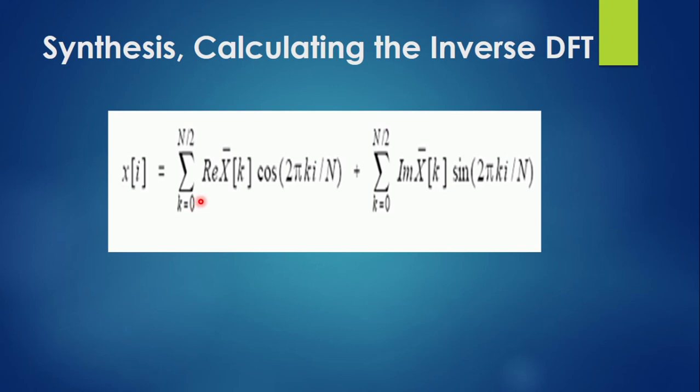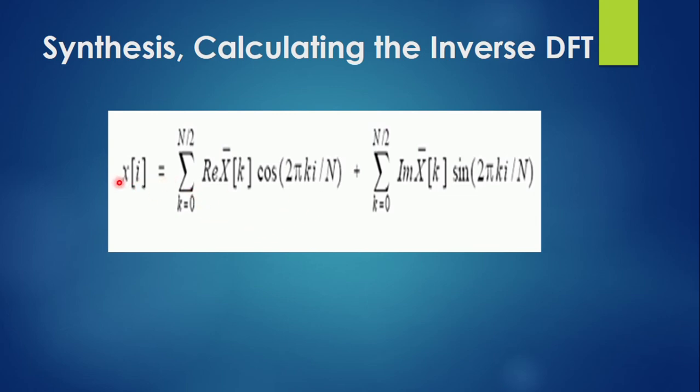This is the way to synthesize. Synthesize means now you know the DFT at all the points and you want to reconstruct the signal. Here you multiply this with the corresponding cosine, this with the corresponding sine, and add up all that to get one point of the input signal.